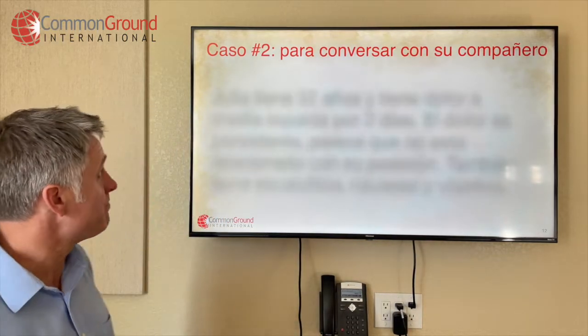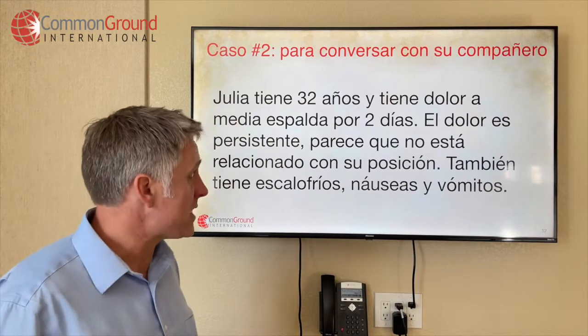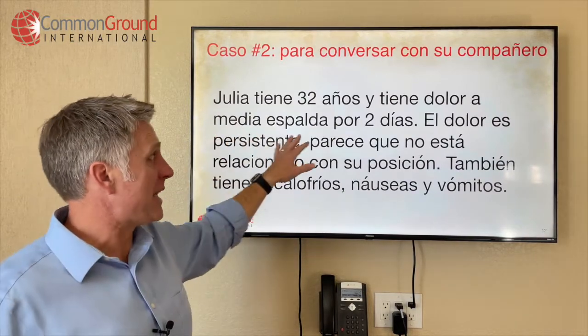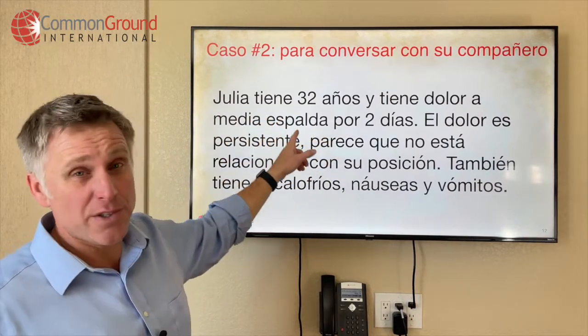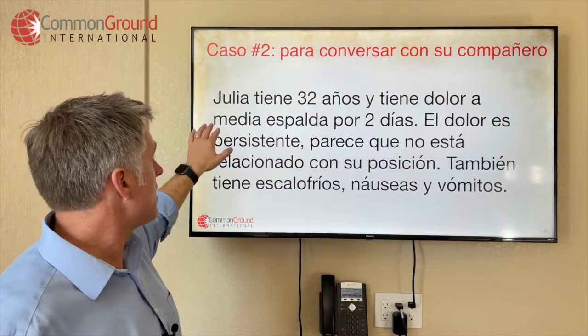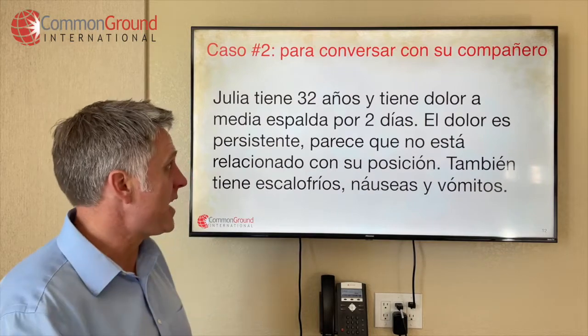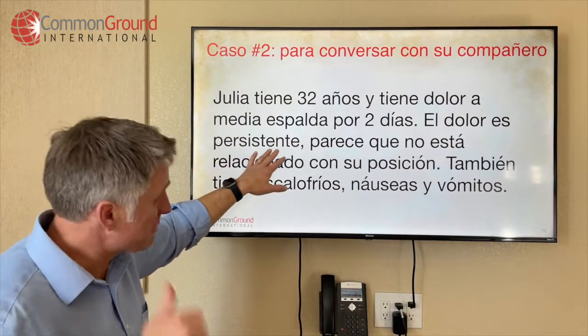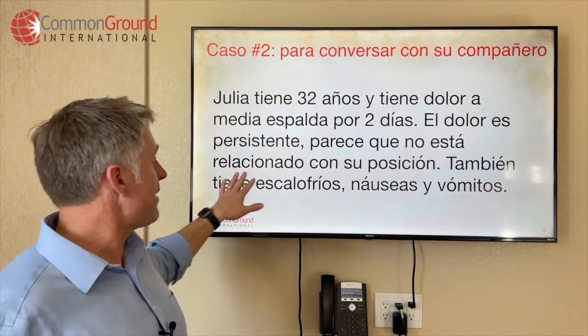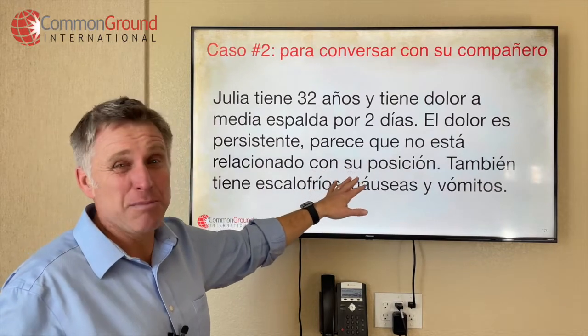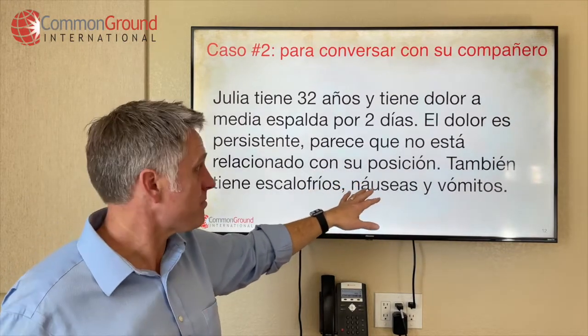Caso número dos. Julia tiene 32 años y tiene dolor a media espalda por 2 días. So Julia's 32 and she's got pain in her middle back por 2 días, for about 2 days now. El dolor es persistente, it's persistent. Parece que no está relacionado con su posición, and seems to not be related to her position.